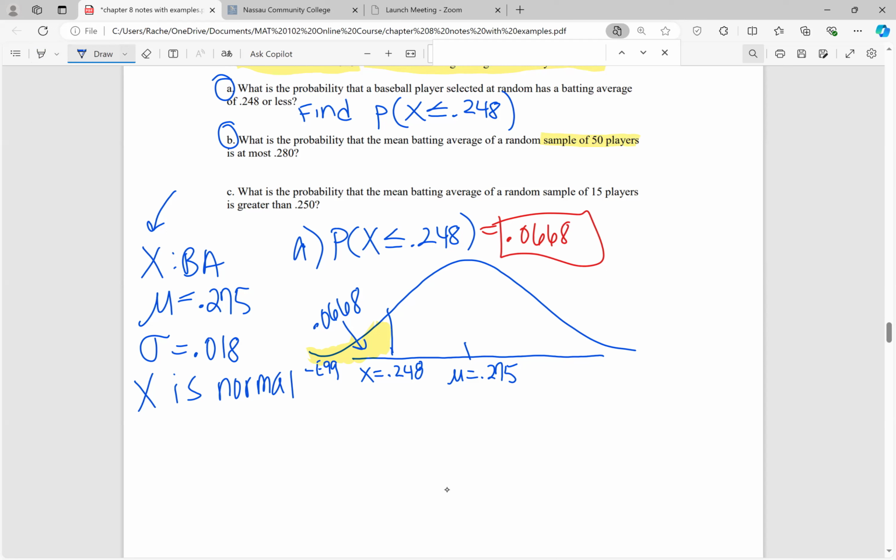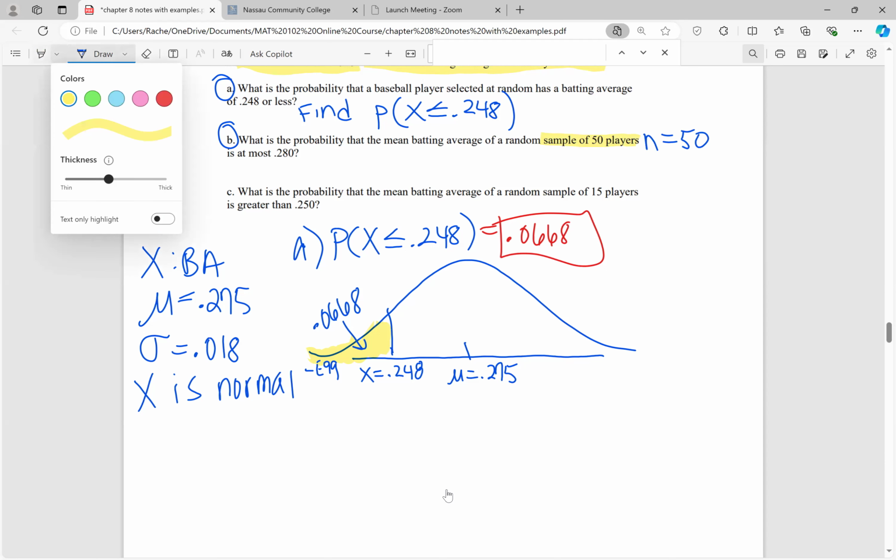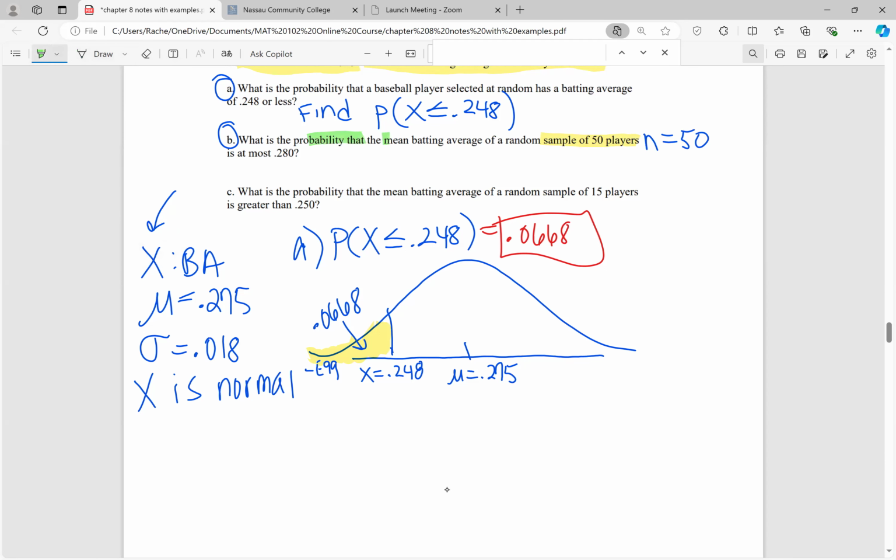I'm taking a sample of n equals 50 players, and I want to know what's the probability that the mean batting average of this sample is going to be at most 0.280. The key words here are mean batting average of a random sample.